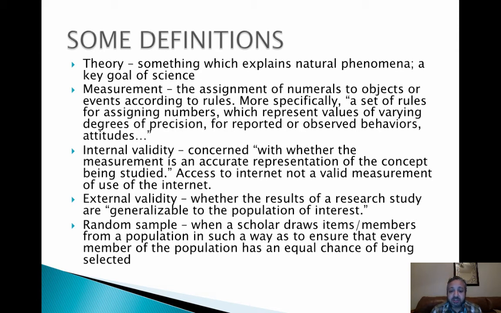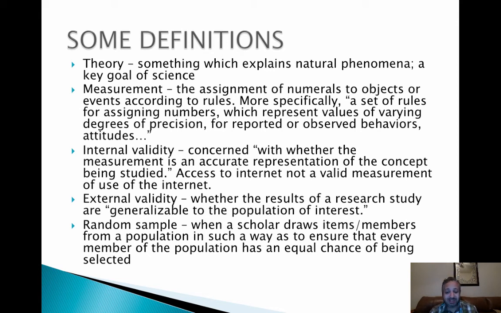External validity is concerned with whether the results of a research study are generalizable to the population. Remember the example I just gave with random sampling, if we wanted to find out what President Obama's approval rating is, if you just went around to people in Florence, Alabama and asked them, that is not generalizable to the American population, because people in Florence, Alabama are not representative.